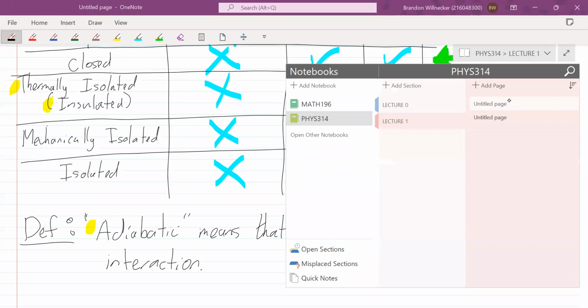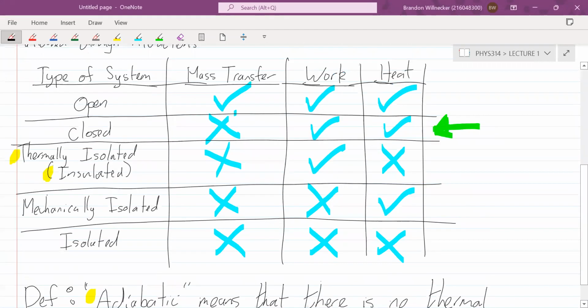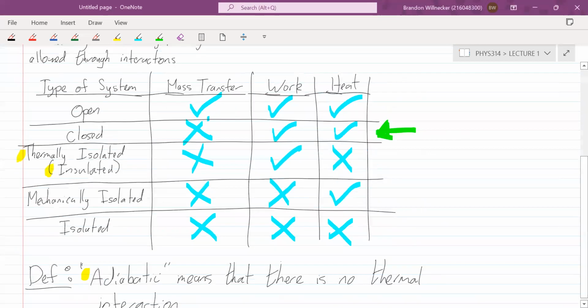So if we go back here, this work. Here we just specify for mechanically isolated that work can't be done, but heat can be transferred. We'll see later on in certain cases where this changes. But for now, we're just going to view mechanically isolated as work can't be done, but heat can be exchanged.